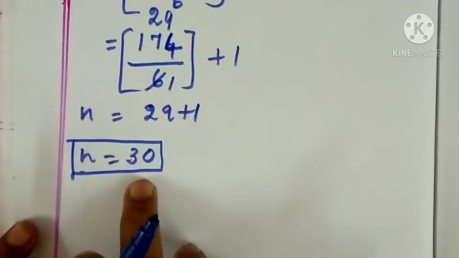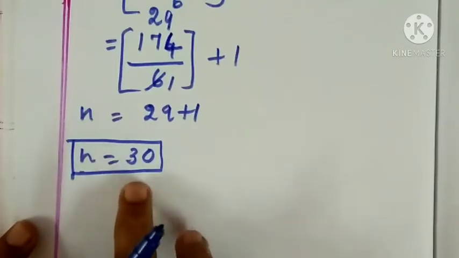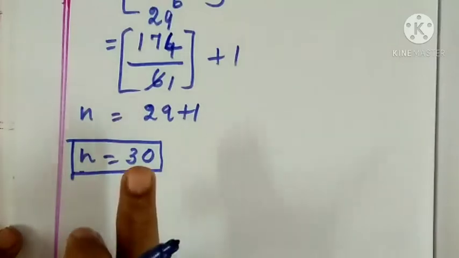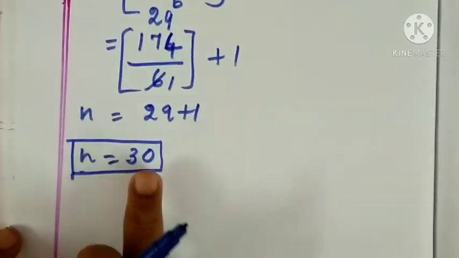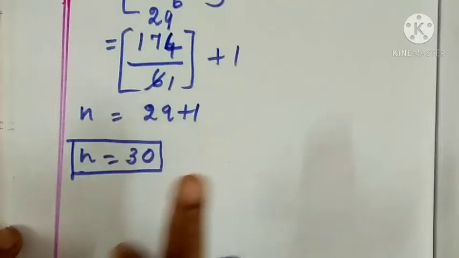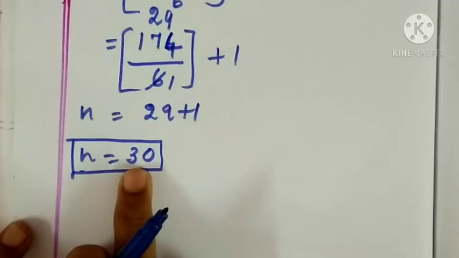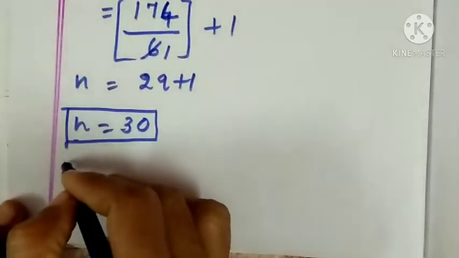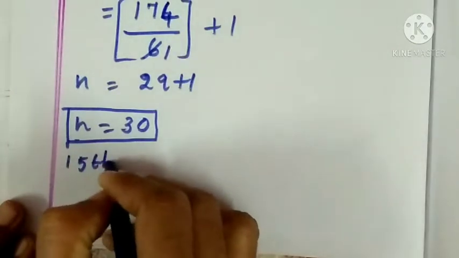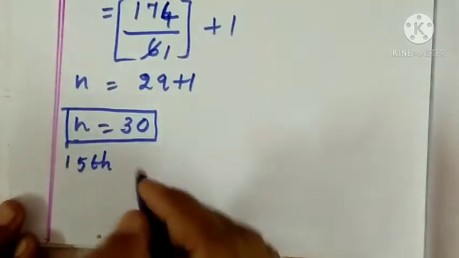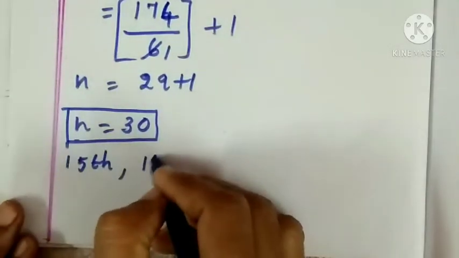Then what is the middle term? See, there are an even number of terms, so we have two middle terms. If you get an odd number of terms, we have only one middle term. Here we get an even number of terms, therefore there are two middle terms. That is the 15th term, half of 30, and then the next term, the 16th term.